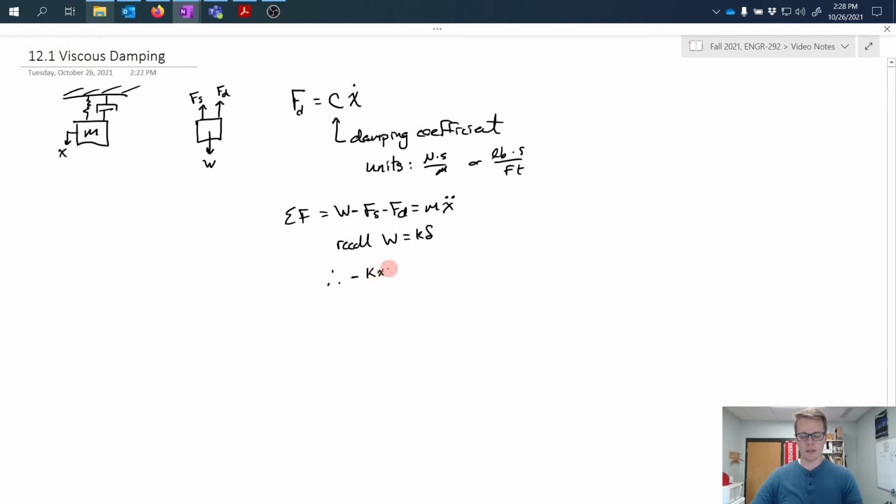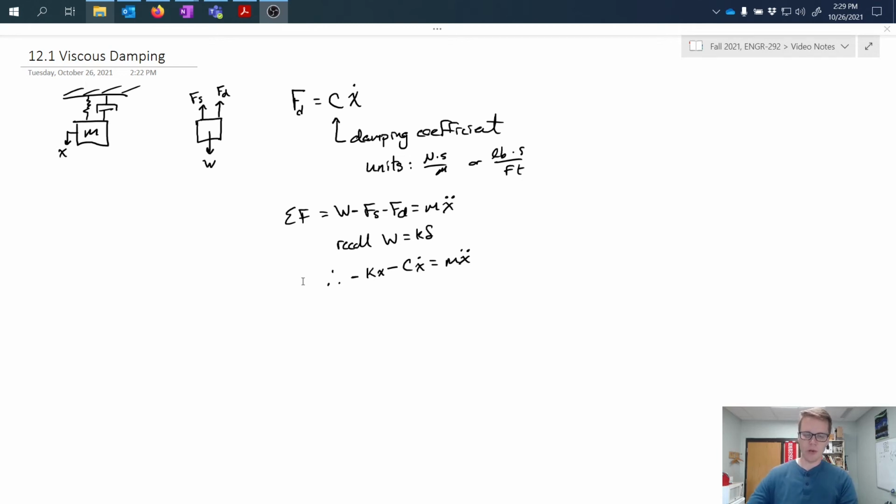minus kx minus c x dot equal to m x double dot. So again, this W term drops out because we're considering only the deflection beyond the equilibrium position, and those terms that include k delta drop out of our equation.